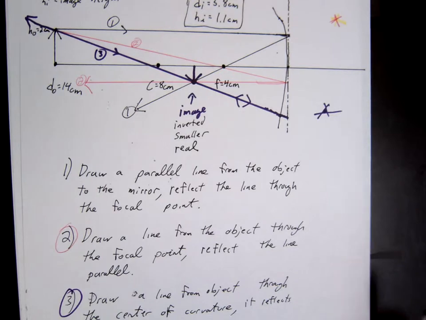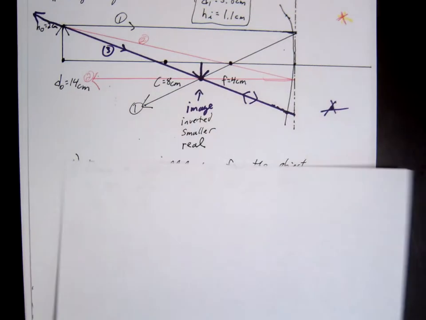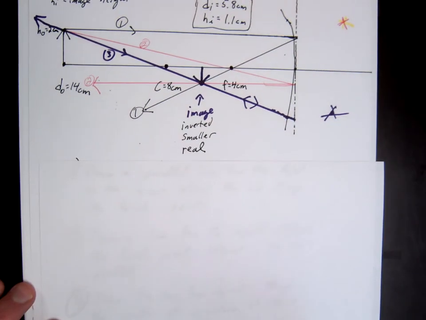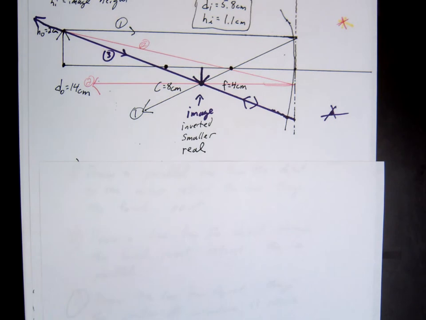Okay, so just like pretty much everything in physics, some guy comes along, finds a mathematical relationship with all this stuff. Let's see if I'll leave this. There we go. Okay, and this is called the mirror equation.